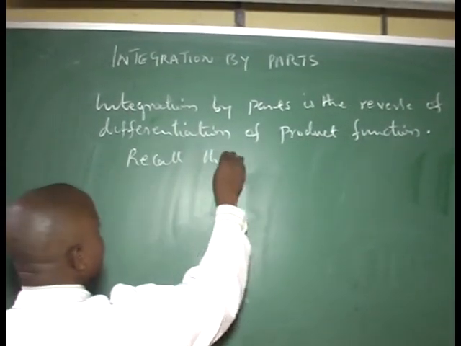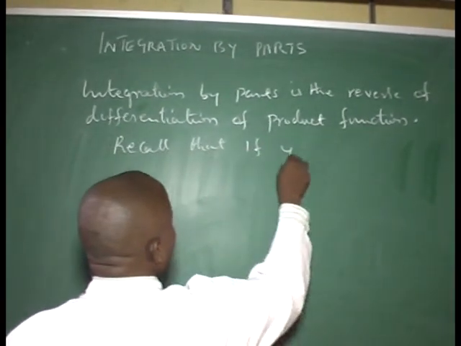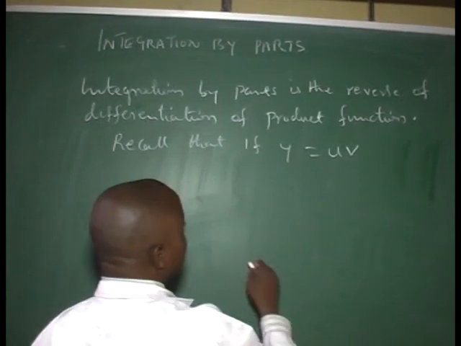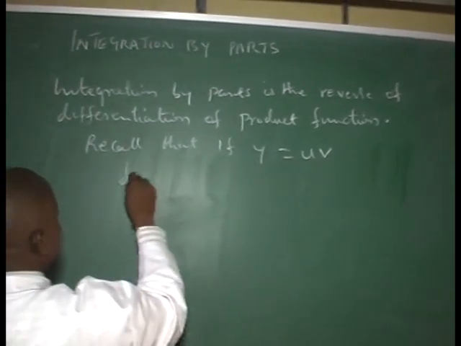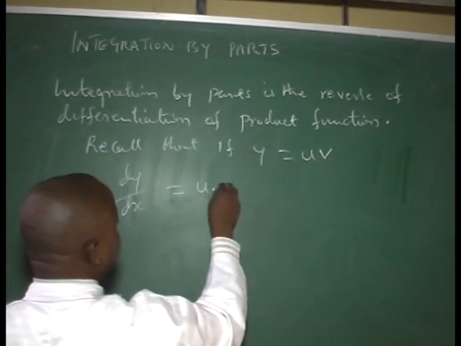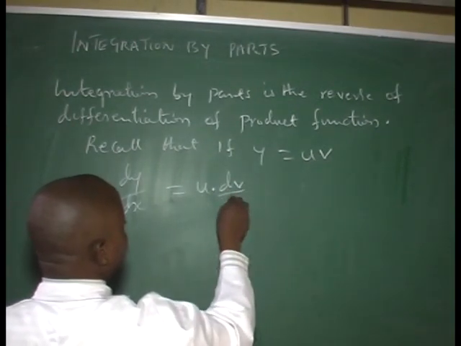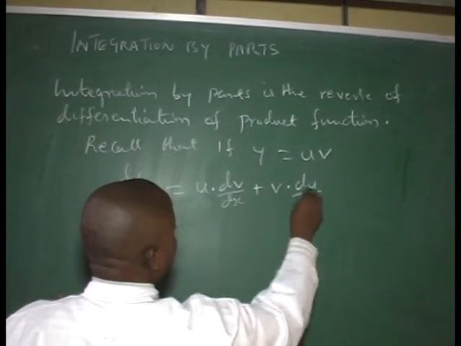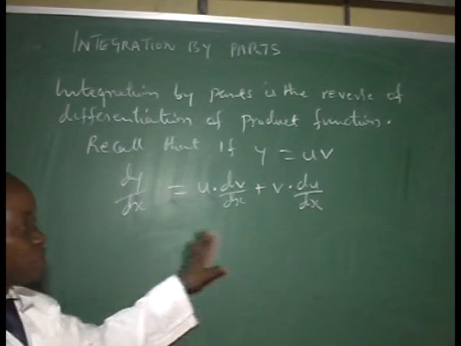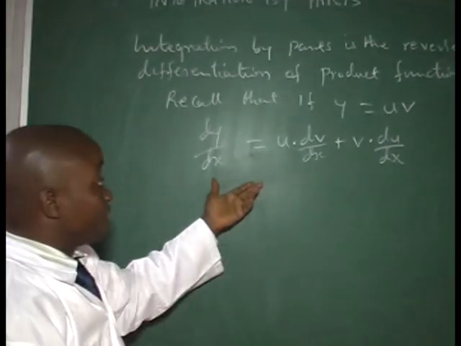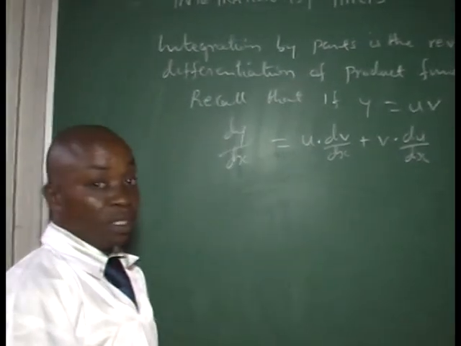Recall that if y is equal to uv, then dy over dx is equal to u times dv over dx plus v times du over dx. That was what we did in differentiation to differentiate a product function, the product rule.